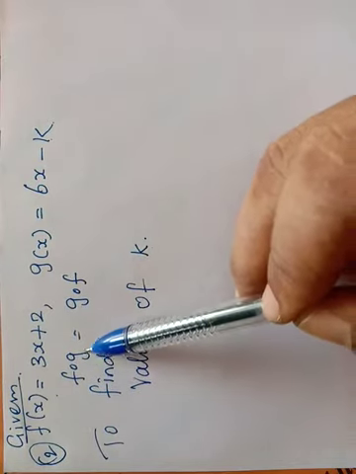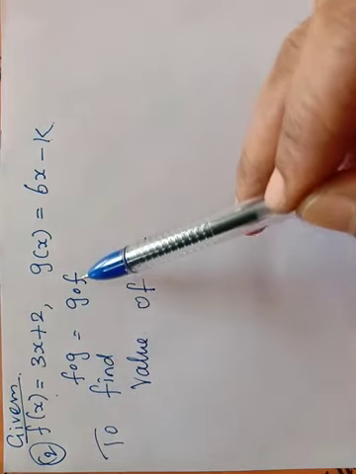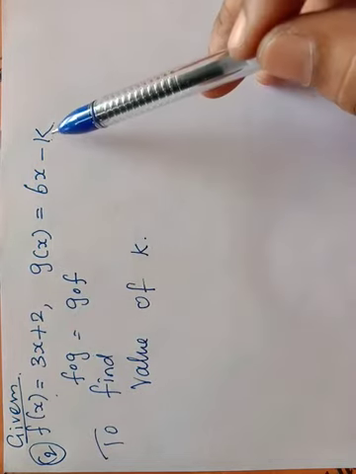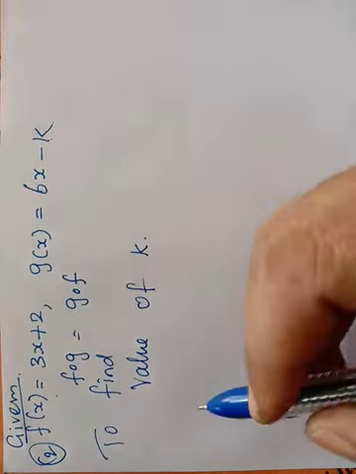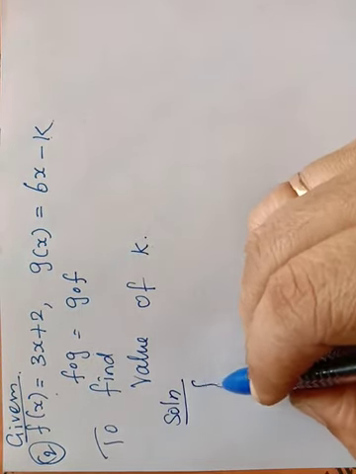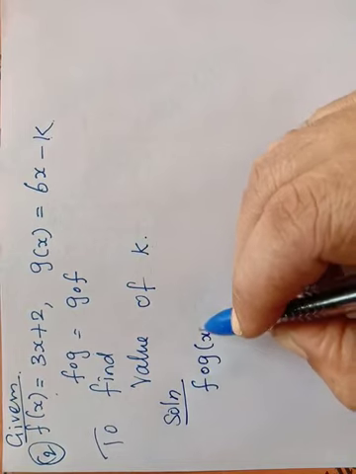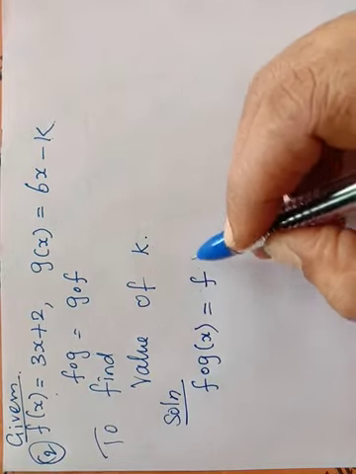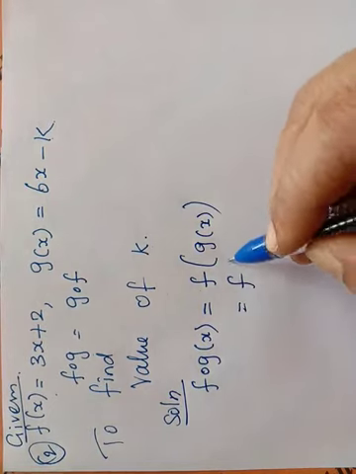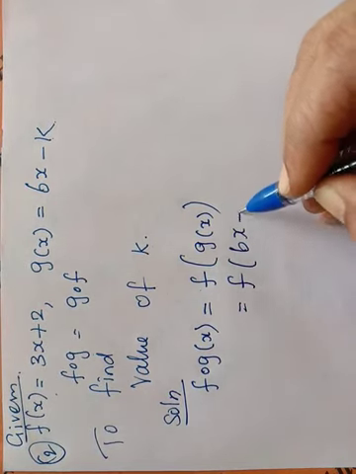So first you want to find out f composite g, then g composite f. After that, equating these two you can get the unknown variable. That only we are going to do here. Solution: first, as I said, f composite g of x is f of g of x. So that is equal to f of 6x minus k.